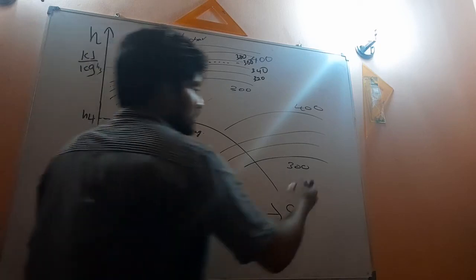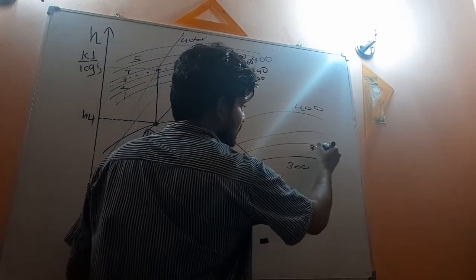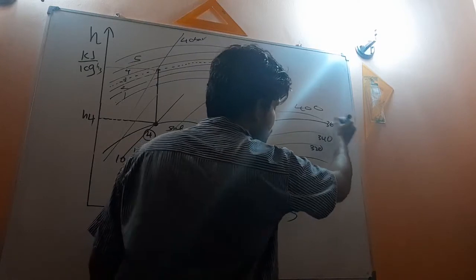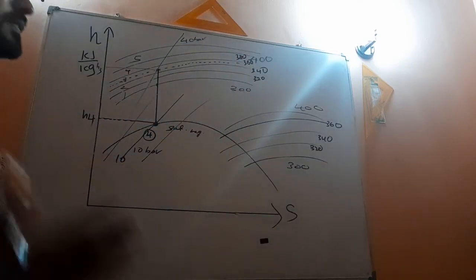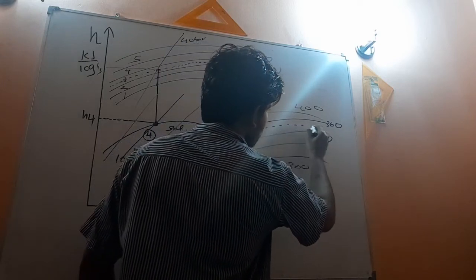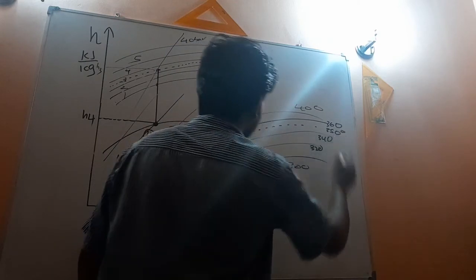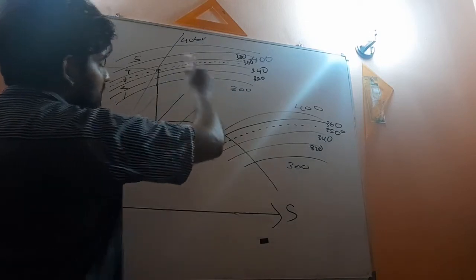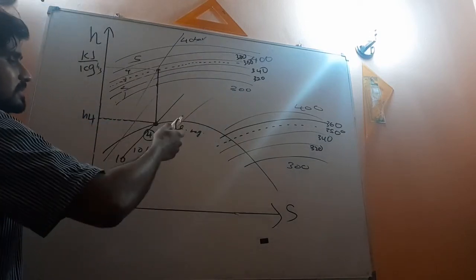That means after 300 you have 320, 340, and after that 360. So there is no line for 350, which is why you have to sketch an imaginary line for 350. It's not a magical thing, simple thing. So this imaginary dotted line is the 350 degree Celsius line.